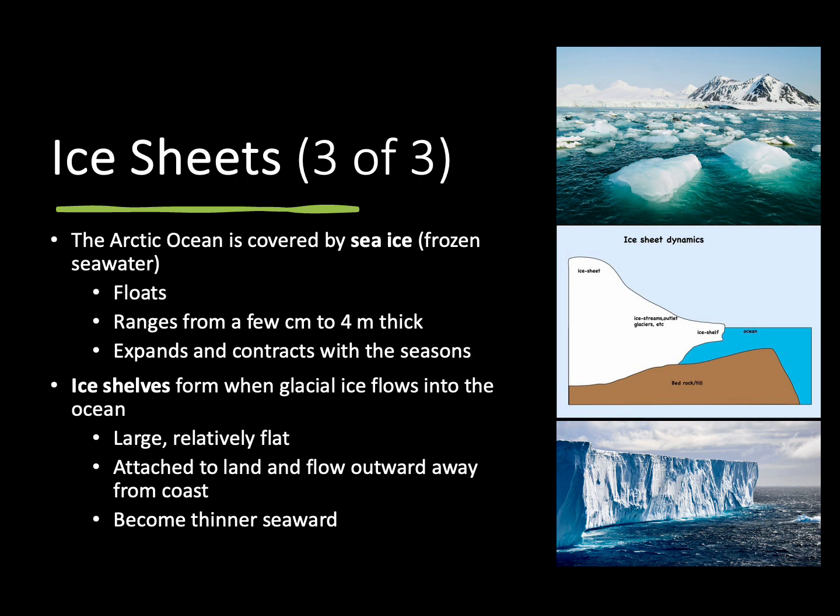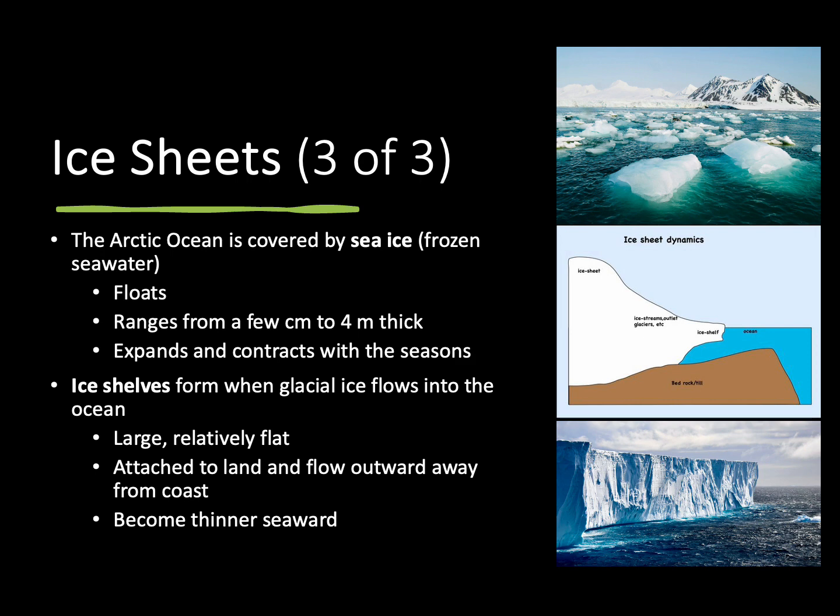But if we look at the edges of our ice sheets, like here in this middle image, if our ice sheet, which is on top of solid rock, grows too large, and it starts hanging off the edge of solid land, it's going to turn into an ice shelf. And these ice shelves are where this glacial ice is starting to flow into our ocean.